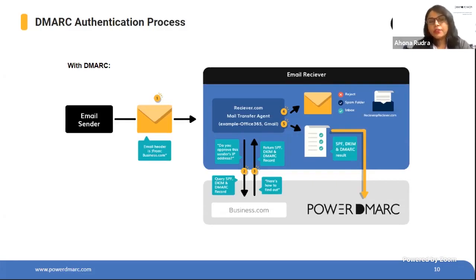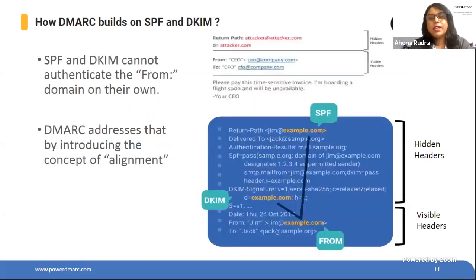So a question might occur: if SPF and DKIM are configured separately for the domain, why do we still need DMARC, right? This is because SPF and DKIM cannot address the From domain on their own. Here is where DMARC pitches in and makes use of domain alignment. DMARC validates 3 identifiers: the domain in the return path header, the domain in the DKIM signature header, and the domain in the From header.